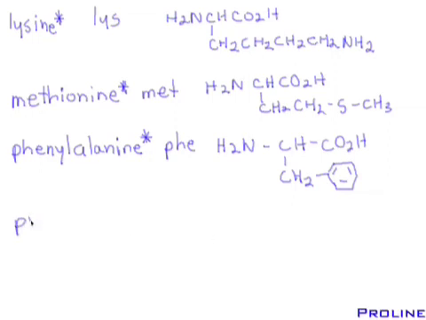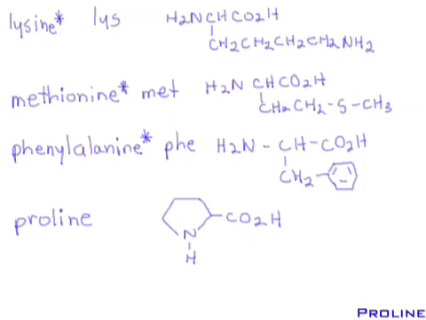Proline is a unique amino acid because it lacks the typical framework. In fact, the standard framework of NH2CHCO2H is there, but the CH is part of a 5-membered ring, and you don't have an NH2. This is proline.